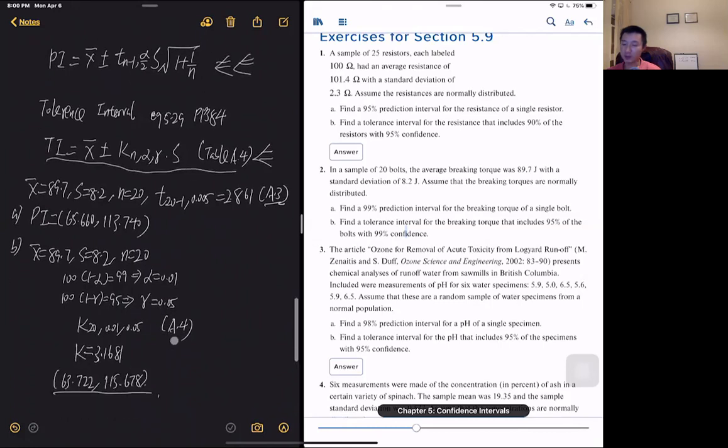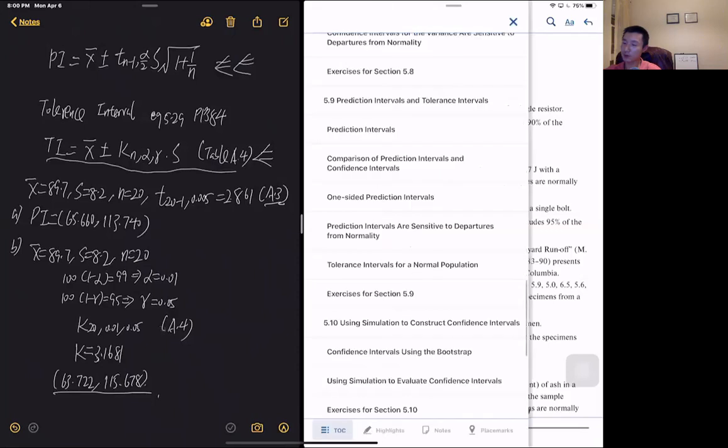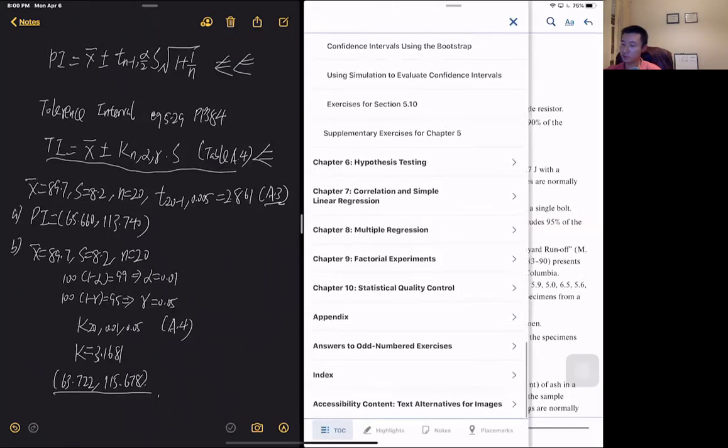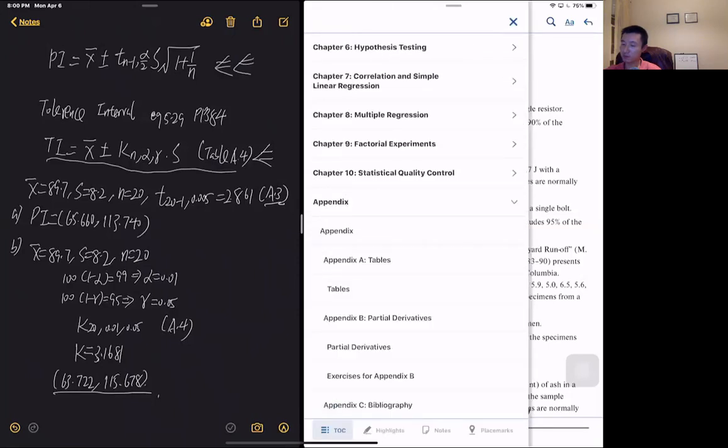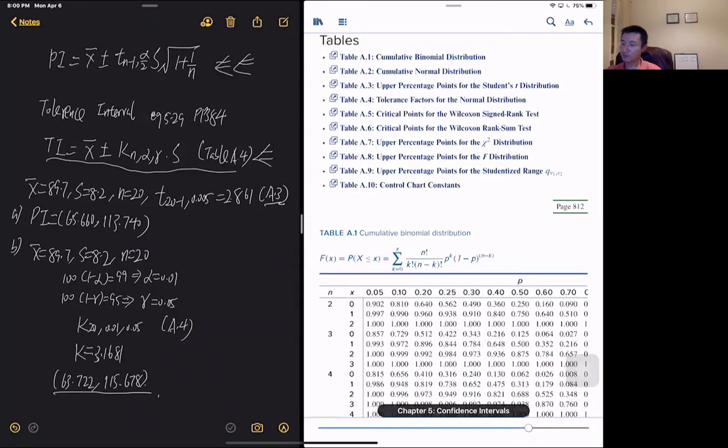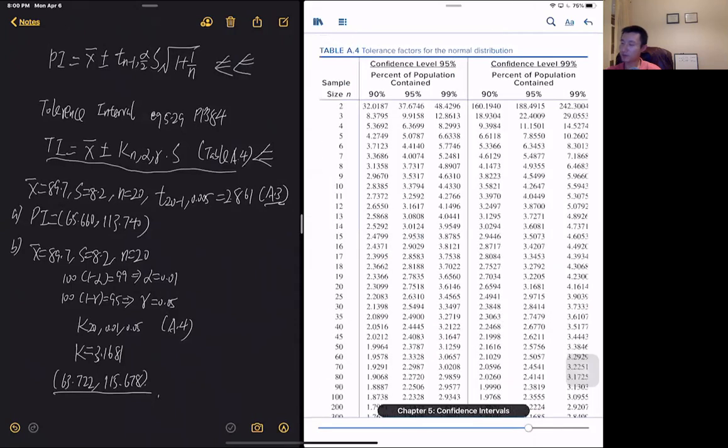Based on table 8.4, which is here, the degree of freedom is 20. 20 is here. The confidence level of 99% is here, and the population content is 95%.